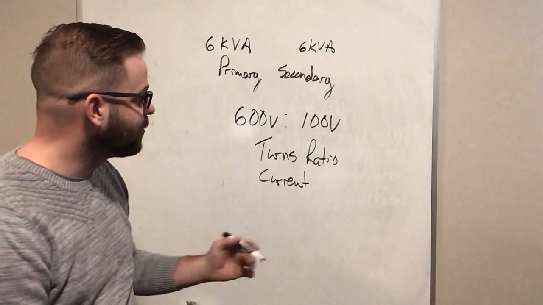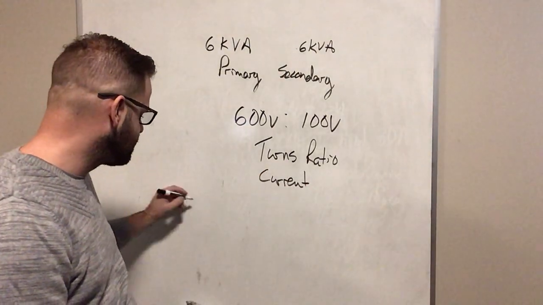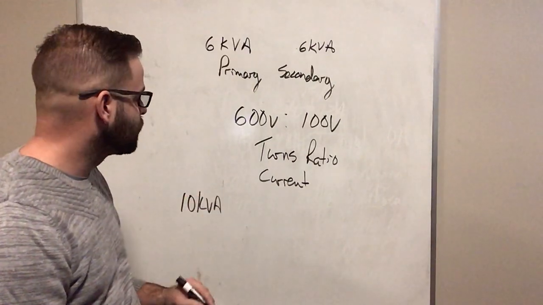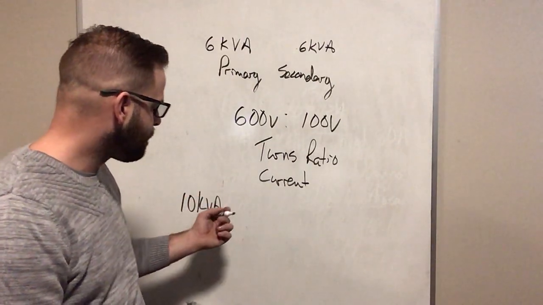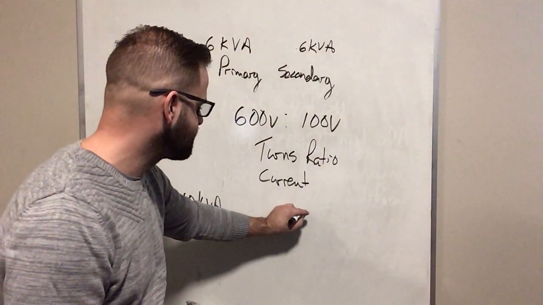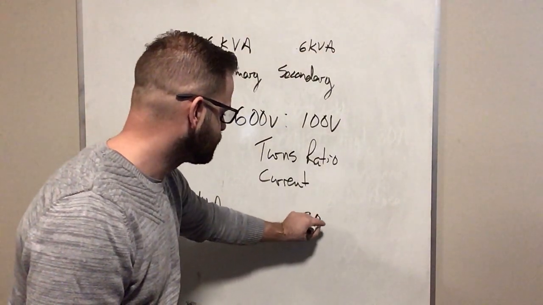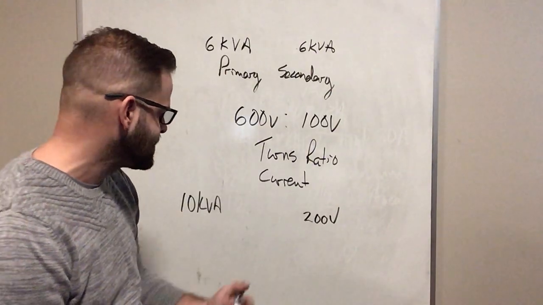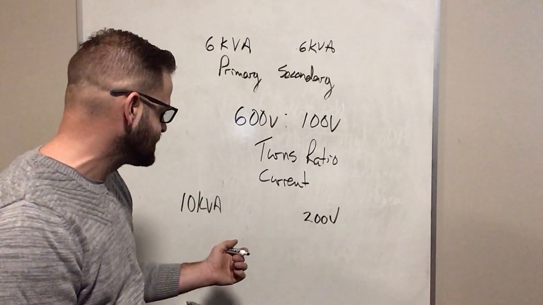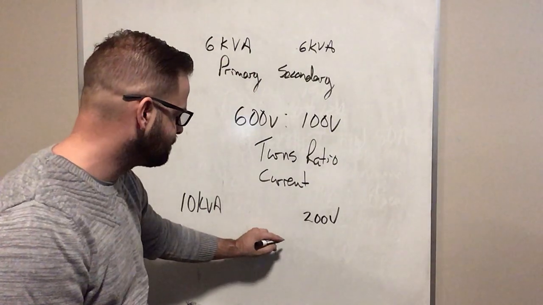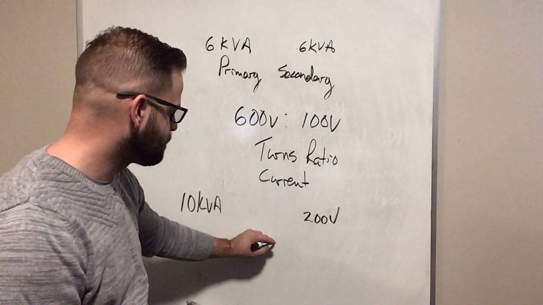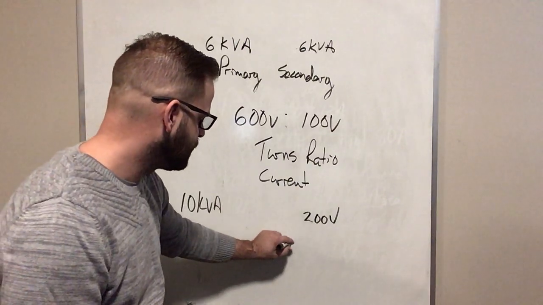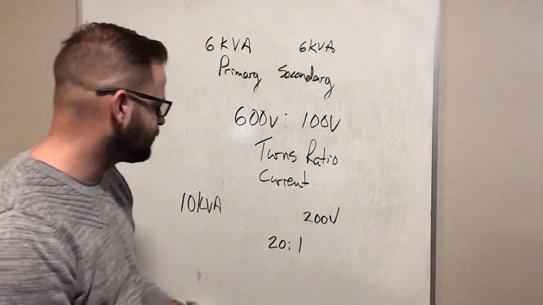And then now I'm going to have another one. It's going to be a 10 kVA transformer. We're going to have 200 volts on the secondary. And let's do a 20-to-1 step down transformer.